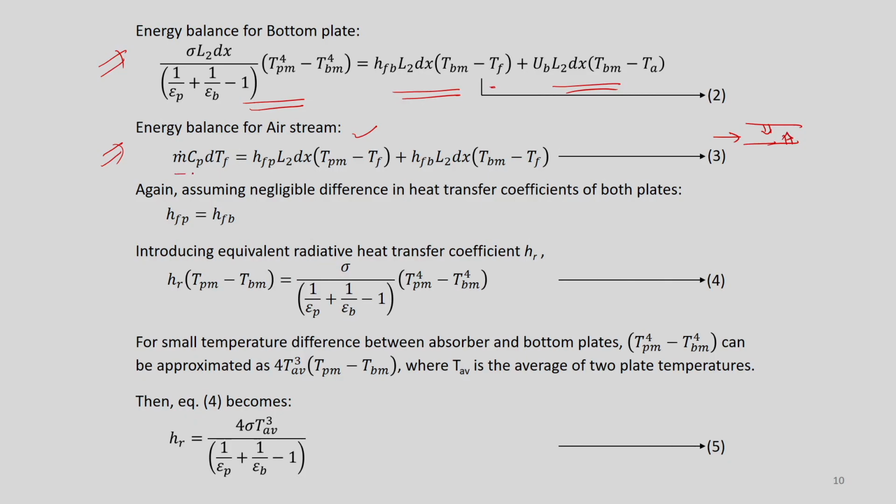So, that way, m Cp dT, the amount of heat finally gained, is equal to Hf L2 dx, this is the area in that segment, and Tpm minus Tf, that is the plate to the fluid, and this is for the absorber plate to the fluid, and this is the bottom plate to the fluid, okay. So, again there is an assumption that we can assume this Hfp is equal to Hfb, okay.